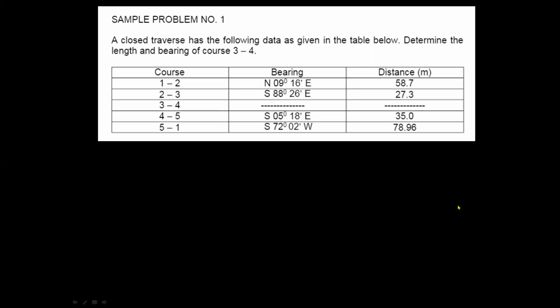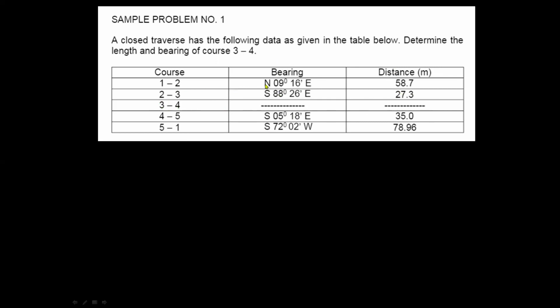Sa first column, as we can see here, we have the following lines from 1-2 up to 5-1. And as we can see, the bearings of each line are also given except the course 3-4. Unknown ang bearing natin dito. And then all lines also have their corresponding distances, excluding the line 3-4.